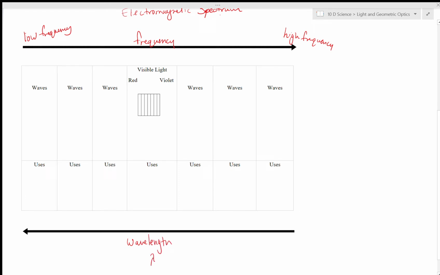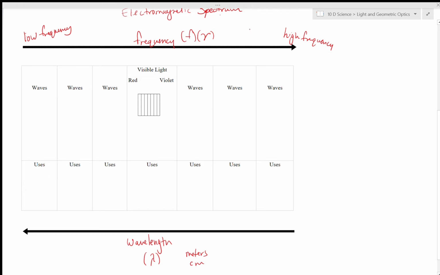Remember, we measure wavelength in meters, and we use the letter lambda to show that. For frequency, we use two letters. We use the f for frequency, but we also use the letter nu for frequency in terms of physics. Here, wavelengths are measured in meters or centimeters.